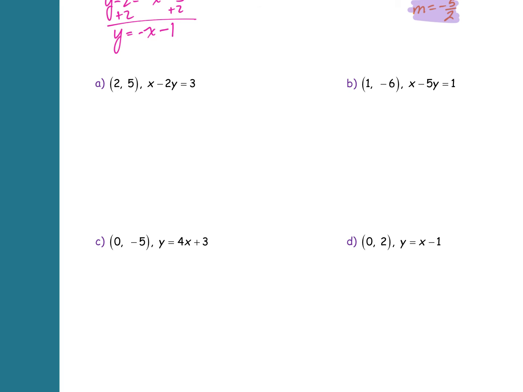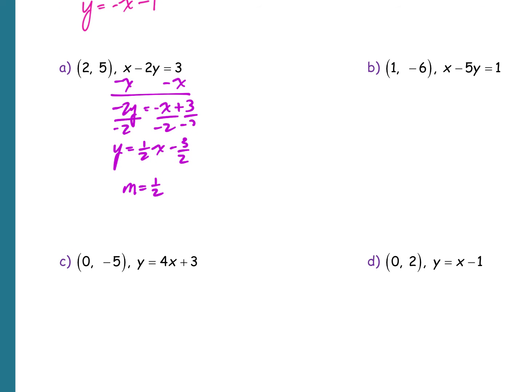Okay, so I subtract x from both sides, and I get negative 2y equals negative x plus 3, divide by negative 2. And I get y equals 1/2 x minus 3 halves. So my slope is 1/2.